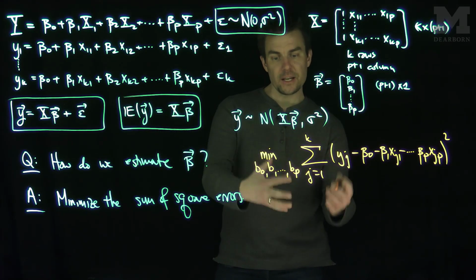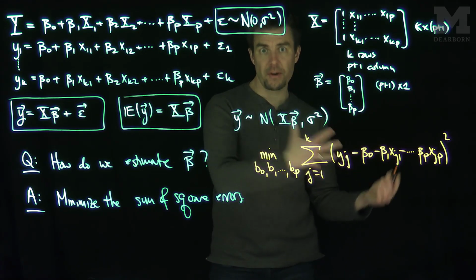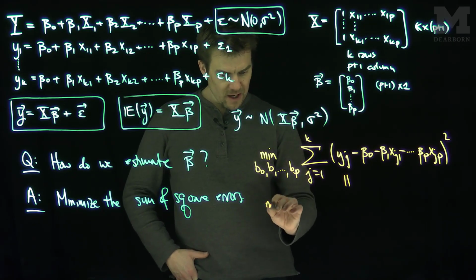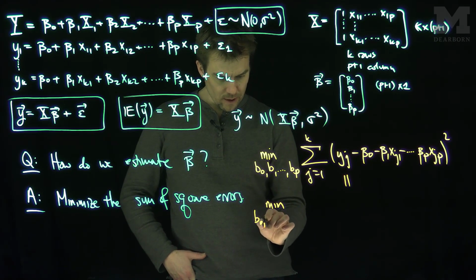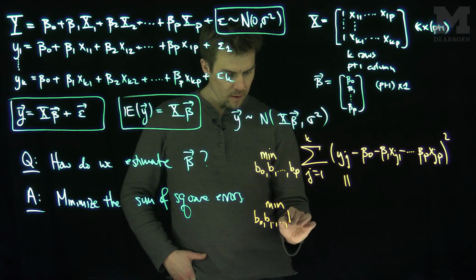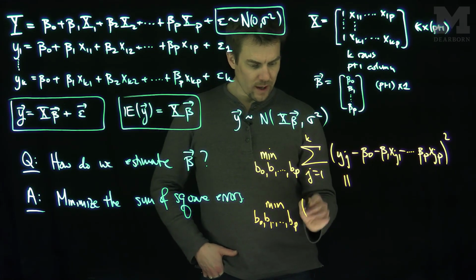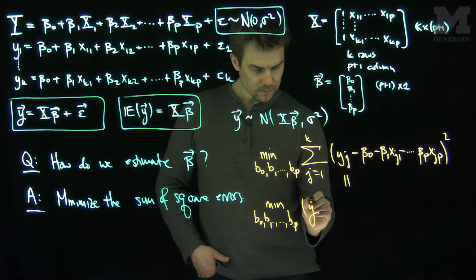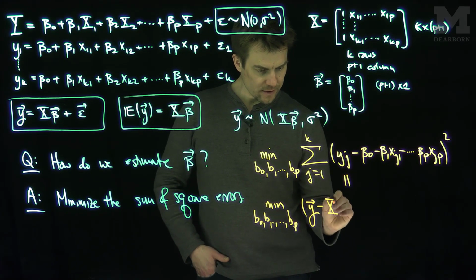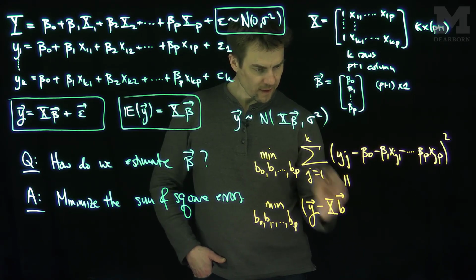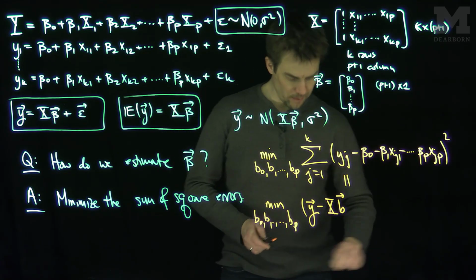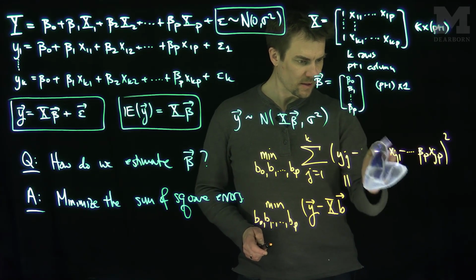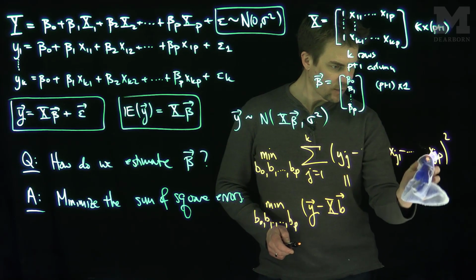Now, of course, what we're really doing over here is minimizing the sum of squares. It's easier to write this minimization down in terms of a norm problem. So this is exactly the same thing as saying this is the minimum over all b0, b1, bp of y minus x b, the vector b. So these are going to be b's now, because the betas are the actual parameters in the problem.